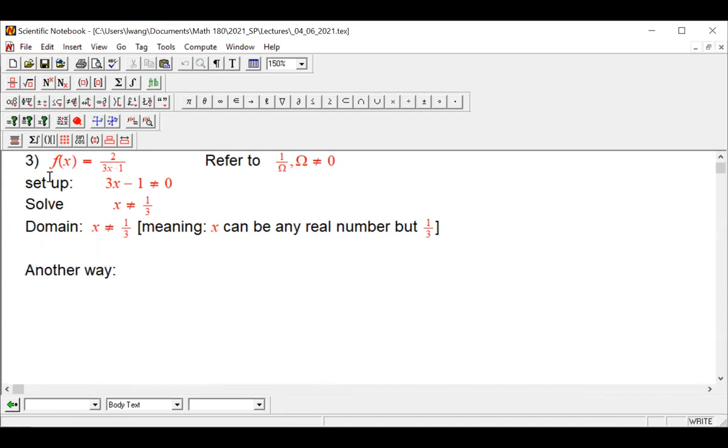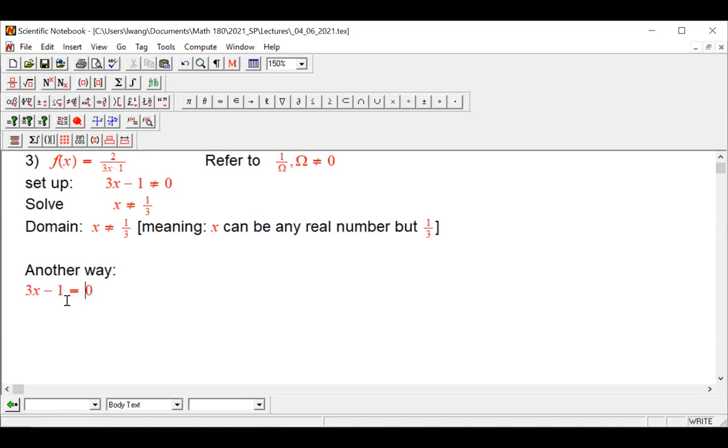I have given you a version of number 3. Another way of doing number 3 is some people will show it this way. Instead of showing not equal, they will show equal.